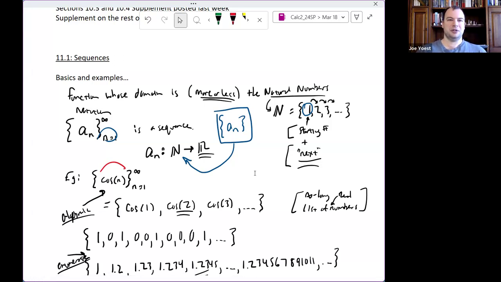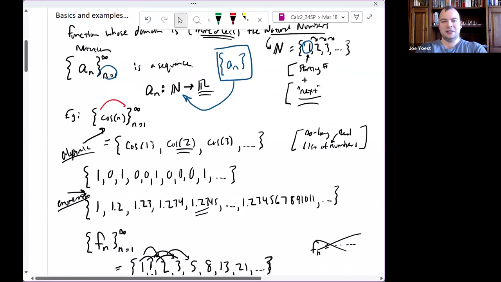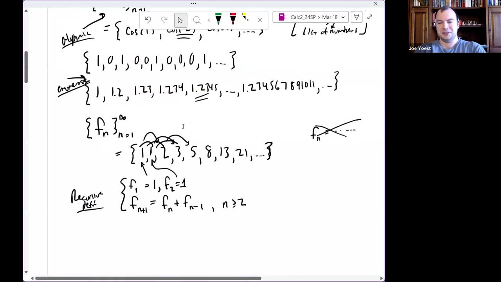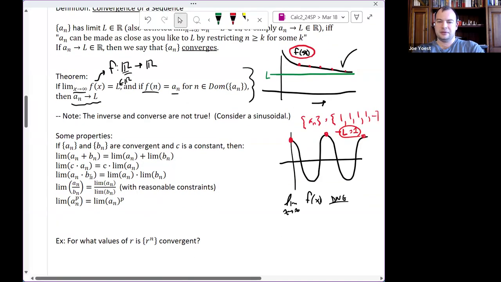Does cosine of x converge, or cosine of whatever it might be, pi over 2 plus 2 pi n all times x or something like that, or pi over 2 plus 2 pi x, does that converge? Cosine of that, does that converge in the real side of things? Certainly not.